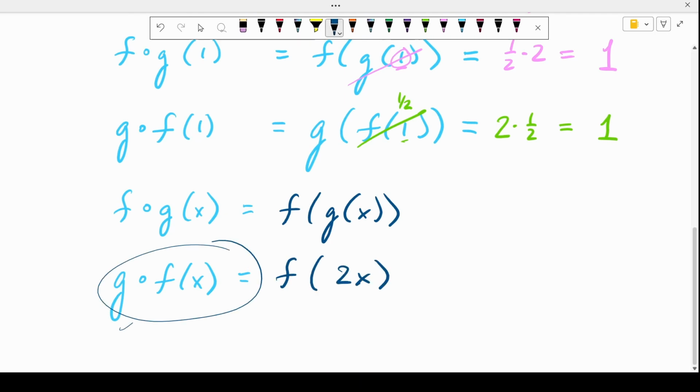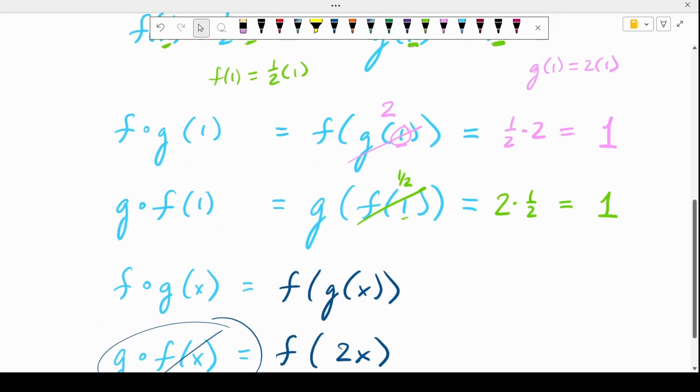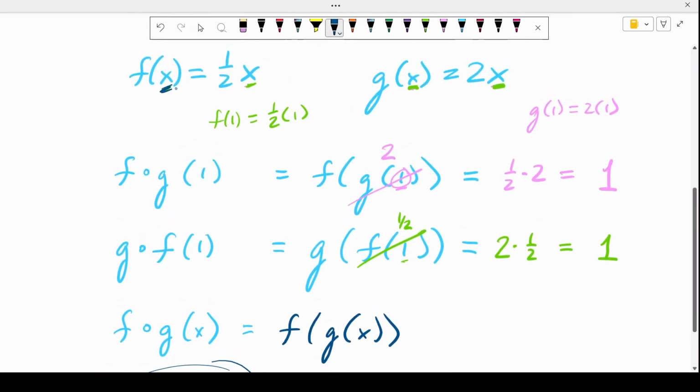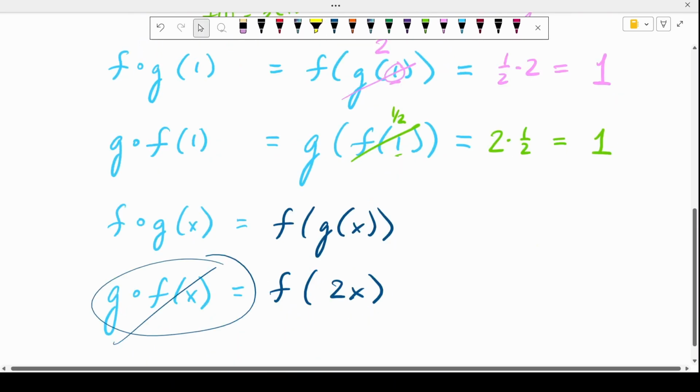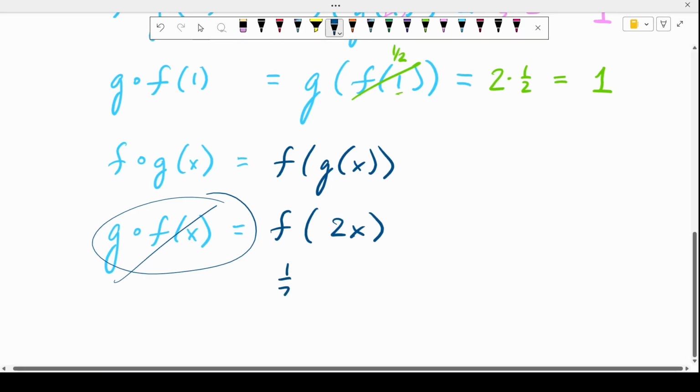I'll move this one down in a minute. So this is f of 2x. f of 2x means everywhere that we see an x in the f function, I'm going to put a 2x. So I'm going to have 1/2 times 2x. Well, 1/2 times 2x is x.